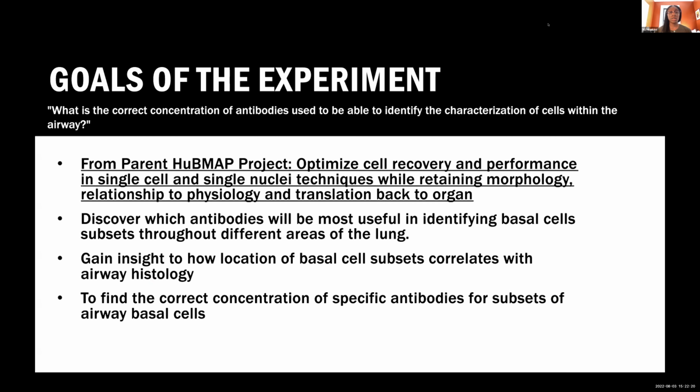We are also trying to discover which antibodies will be most useful in identifying basal cell subsets throughout the different areas of the lung, while gaining insight into how location of basal cell subsets correlates with airway histology, and to find the correct concentration of specific antibodies for subsets of airway basal cells.